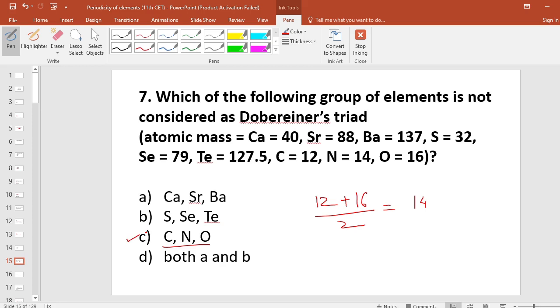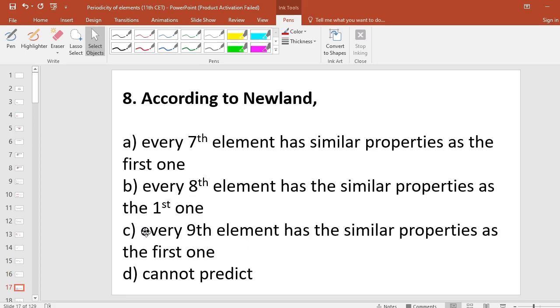But the thing is, all these three elements which are called triads must be in the same group. They should have similar chemical properties, and therefore carbon, nitrogen and oxygen cannot be considered as a Dobereiner triad. So the answer is carbon, nitrogen and oxygen.